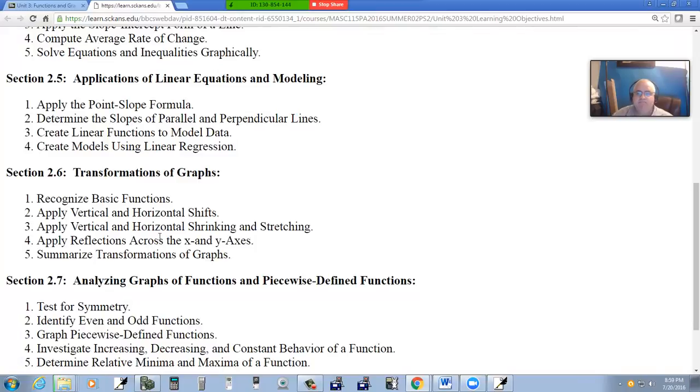Now, specifically, they say determine the slopes of parallel and perpendicular lines. I'm going to show you the process for finding the equation of a line given a point in a parallel or perpendicular line. As part of that process, we'll see how to determine the slopes.